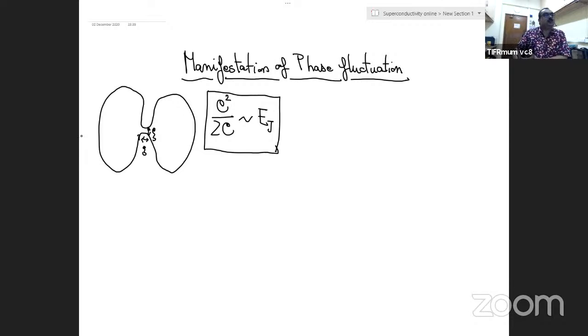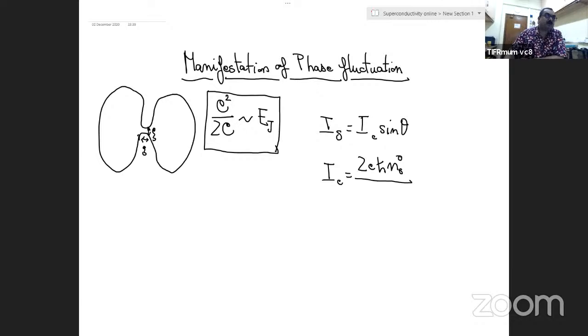Okay, so this is the model that I will start with. This kind of picture we have drawn a lot, so we are familiar. I know that the current through the weak link will be given by Ic sine theta. This is the Josephson relation that I have derived before. And Ic is 2e over h cross into the superfluid density. Here I put Ns0 because we will see later that the effect of phase fluctuation is to reduce the superfluid density.